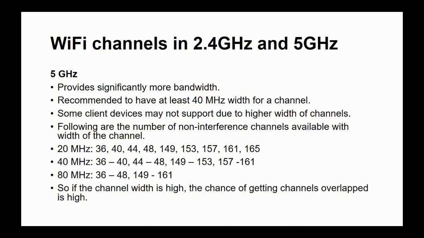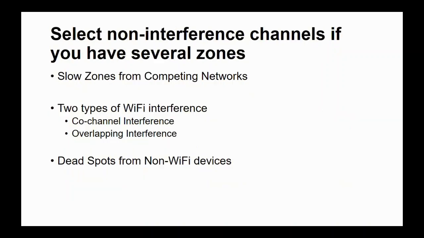You can see if the channel bandwidth is 80 megahertz, there are only 4 non-interference channels available. If we want to select non-interference channels from several zones, you have to detect some conditions like slow zones from competing networks, because we have to remove the interference from the networks coming from the surface.